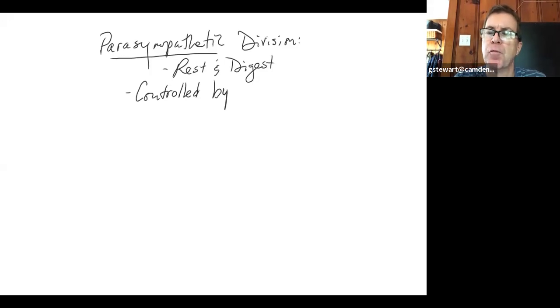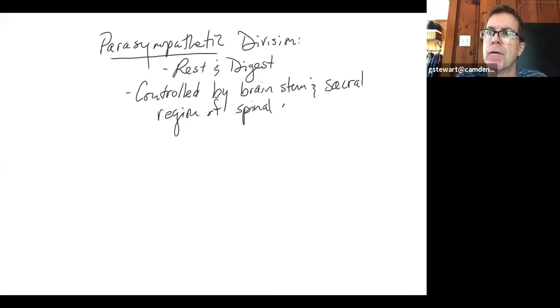Controlled by the brainstem and sacral regions of the spinal cord. So cervical, for brainstem, I'm also going to write the word cervical.